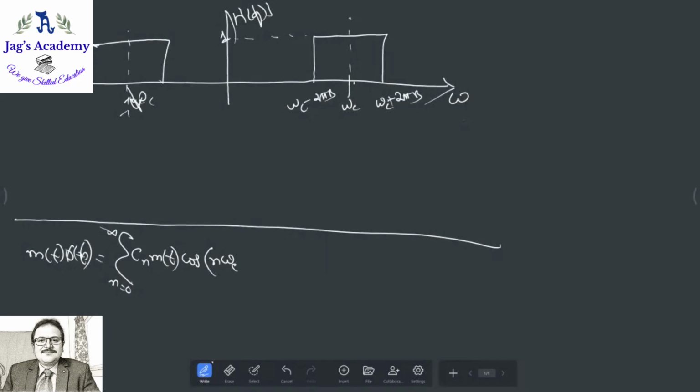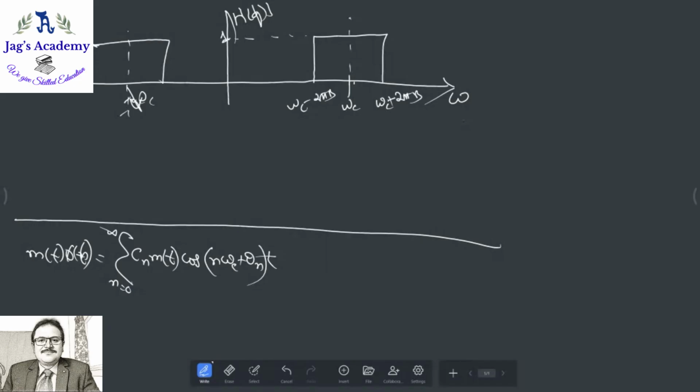Okay. Now see here. Listen carefully. So n omega c plus theta n, right? Yes or no? Into t. Into t is there, na? T is there. Omega c t into, right? Okay.